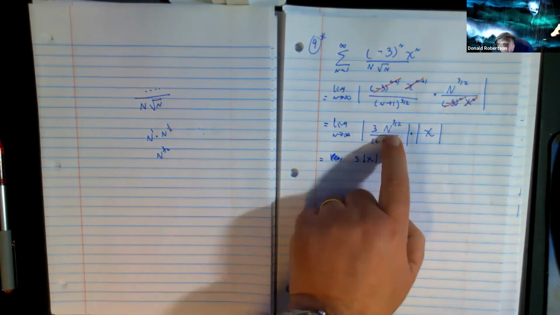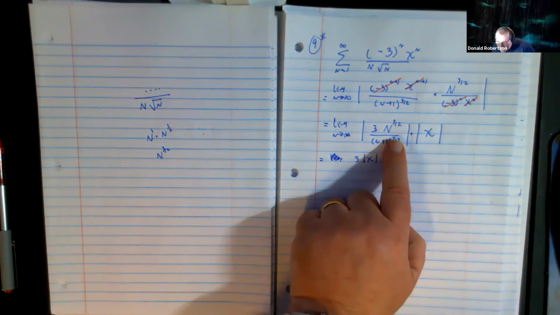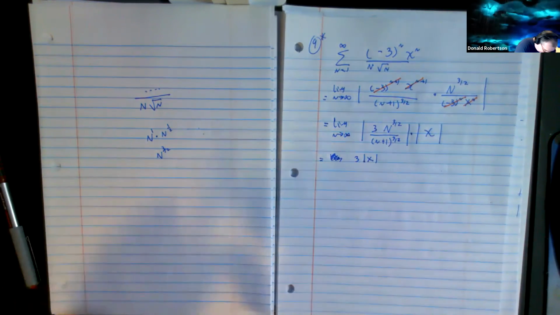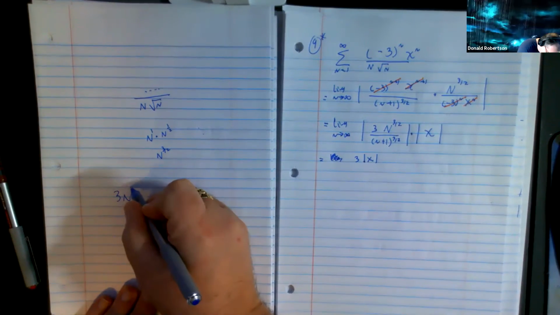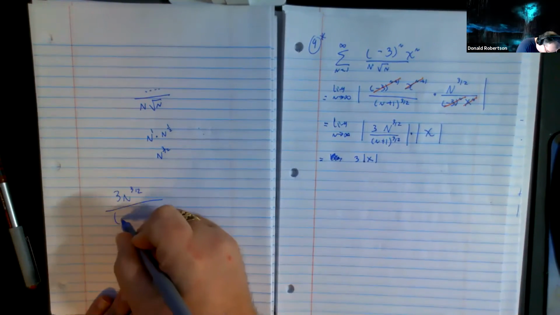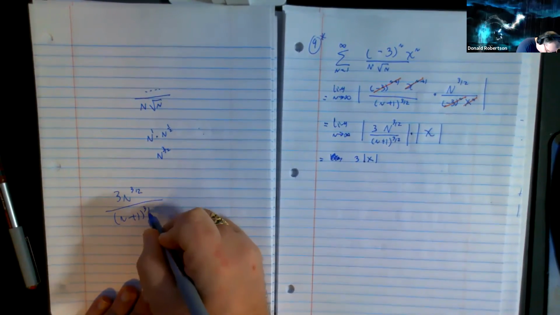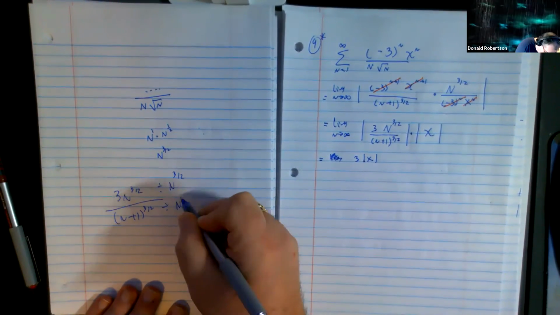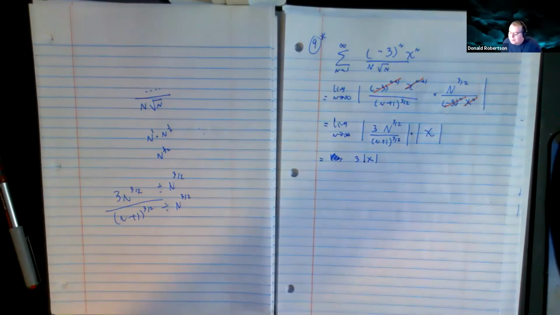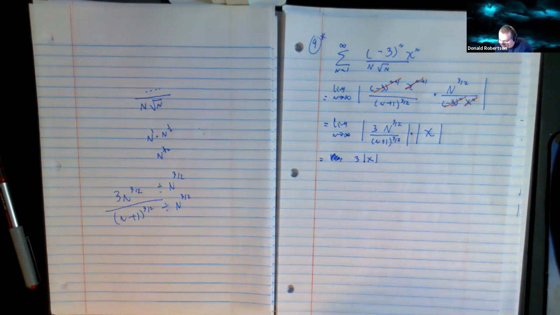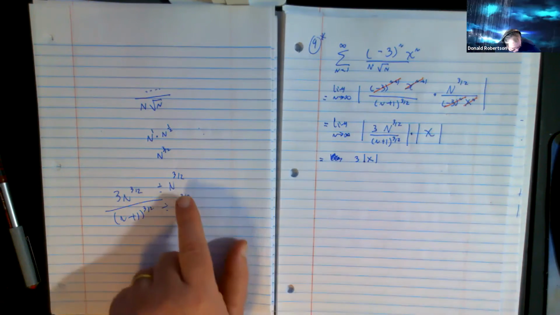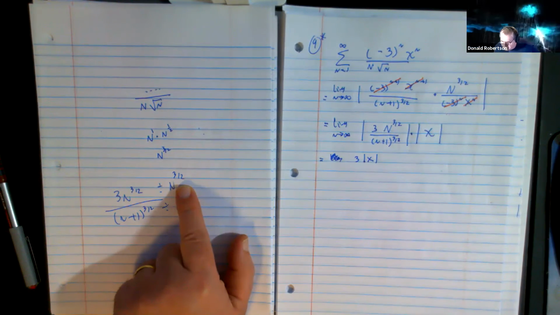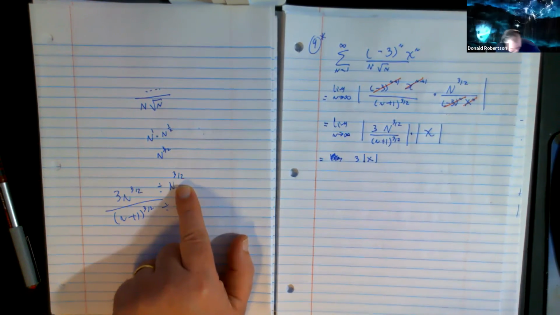If I divided the top and bottom by n to the 3 halves, so let me show you what that would look like. So I'm doing the usual divide top and bottom by n cubed, divide top and bottom by n squared. I'm doing that technique. I'm just doing it with a weird 3 halves power.